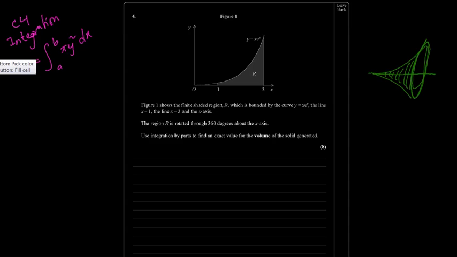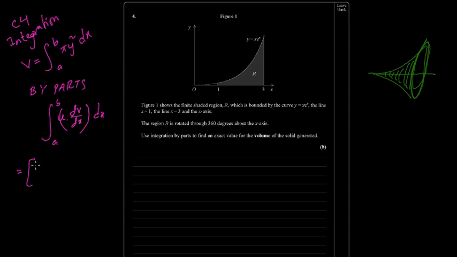So this sum is an integration by parts sum. It's mentioned here: use integration by parts. Remember, in every C4 sum there are going to be 4 or 5 integration sums. Integration is the main topic of C4. So in order to do that, you need the integration by parts formula. If you have u and the other term is dv by dx, and you have a limit a to b, then the formula is uv, limit a to b, minus limit a to b of v du by dx dx.